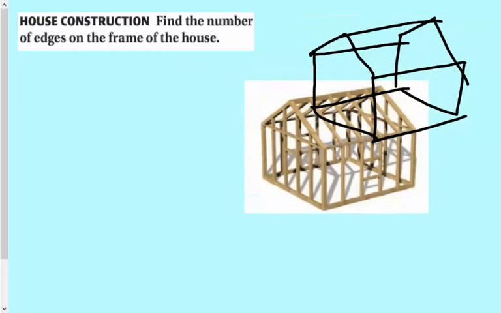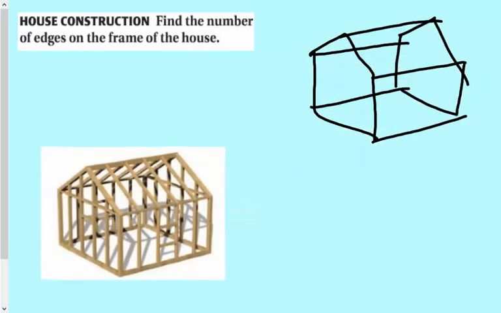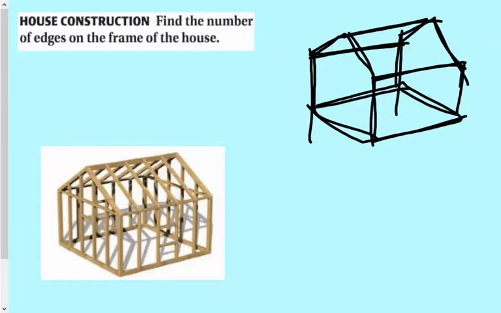Now what I'm going to do is get rid of that there. Okay, that will make it a little bit easier to see. Find the number of edges. So what I'm seeing is 1, 2, 3, 4, 5, 6, 7, 8, 9, 10, 11, 12, 13, 14, 15.